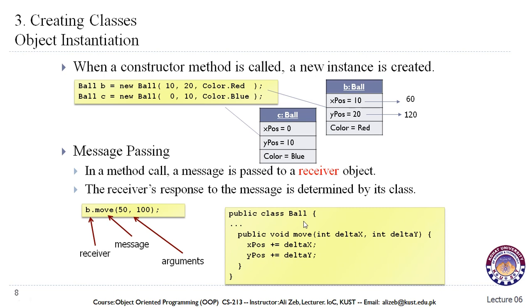So this is how we can perform operations on the instance variables that are over here in this class. These are the instance variables with the initial values, and then we are using this method call or message passing to move the ball to the new position using these new arguments that we have passed.